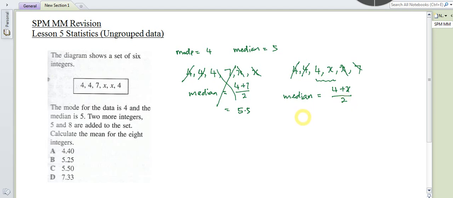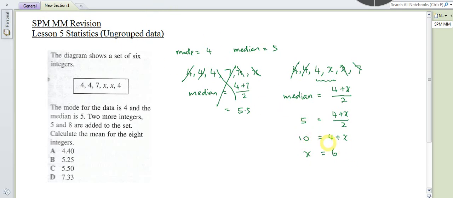Given by the question, the median is 5. So 4 plus x divided by 2 is 5. The 2 divided by 2 brought over here becomes multiply. 5 times 2, you get 10, and here we have 4 plus x. So x will be 10 minus 4. You get 6. Sorry, haven't gotten the final answer yet.